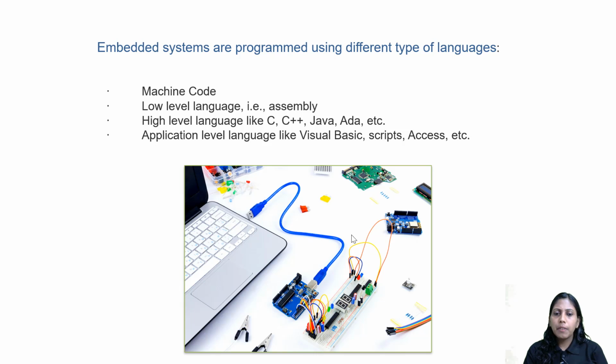The next thing, we can use high level languages like C, C++, Java, etc. As I told, C is the dominant language, and we are going to discuss C programming used in embedded systems. Why can't we use C++? Of course, we know it uses the object-oriented programming concept, OOPS concepts are there in C++.